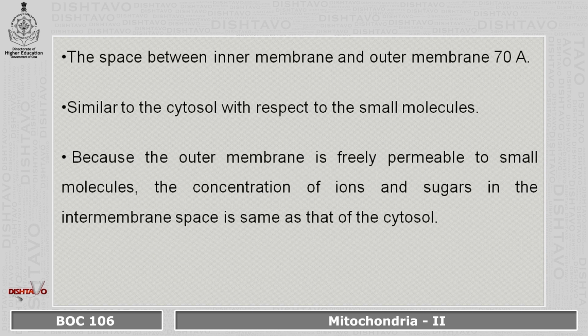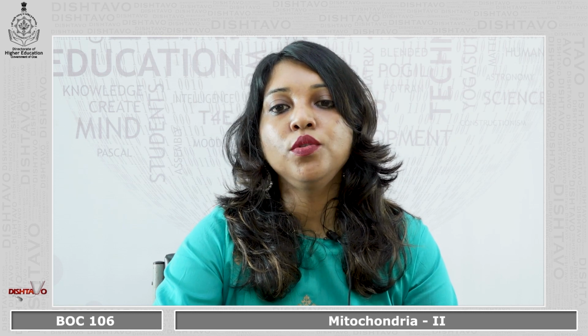The outer chamber is similar to the cytosol with respect to small molecules because the outer membrane is freely permeable to small molecules. The concentration of ions and sugars in the intermembrane space is the same as that of the cytosol.